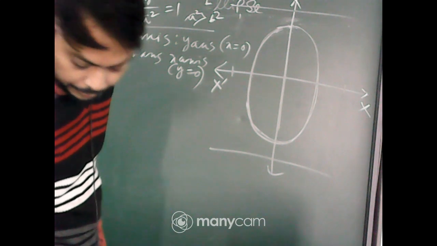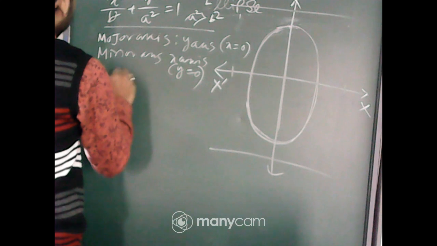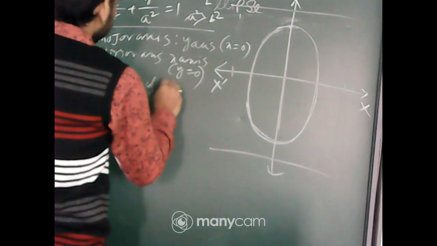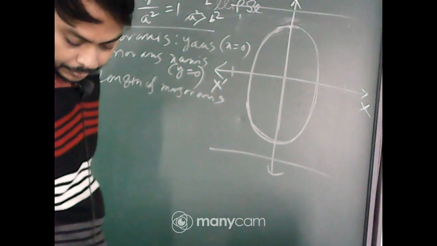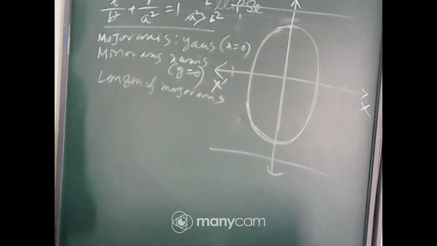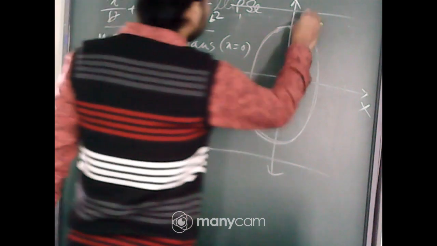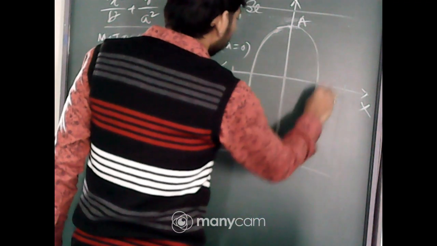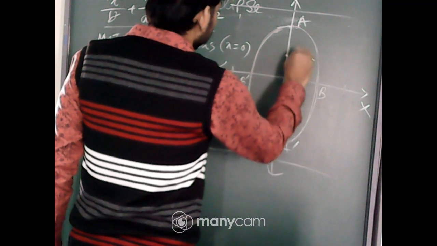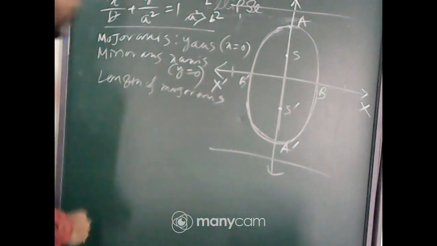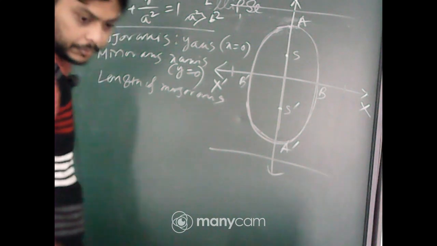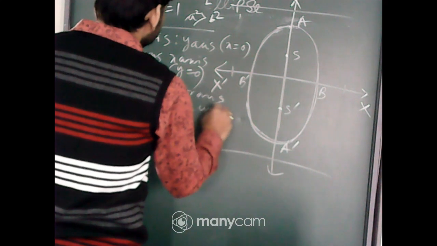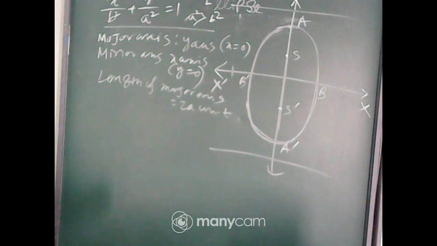Now length of major axis, tell me. It will be 2a, because here denominator of y square is a square.